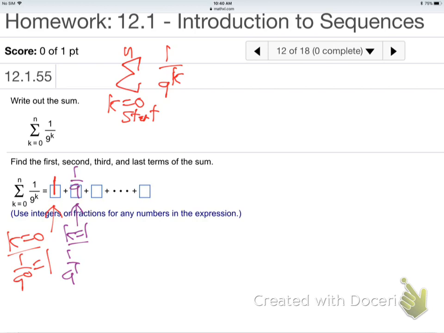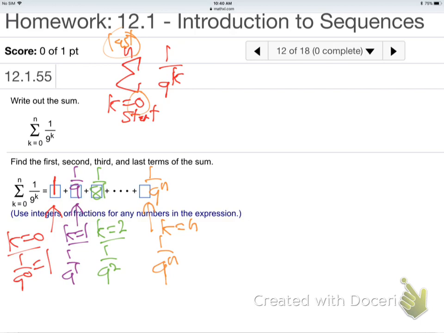Next one, k equals 2: 1 over 9 to the second, 1/81. And the last one is k equals n. You always start here and end there. Plugging in, 1 over 9 to the n. Just like that. Good? Easy enough?